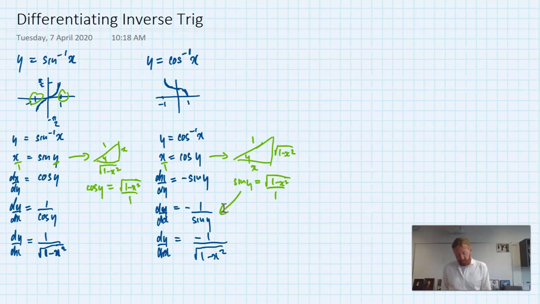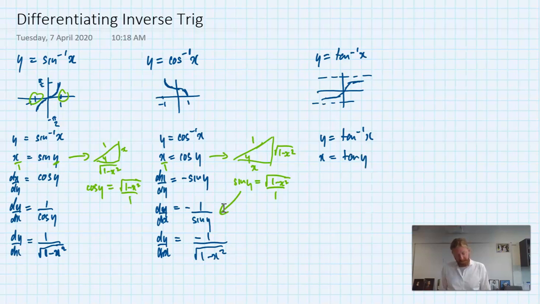Lastly, y equals tan inverse x. What does that look like? We look something like that, where I had my asymptotes, and its domain just kept going, right? So y equals tan inverse x, x equals tan y, dx dy equals, what did tan go to?